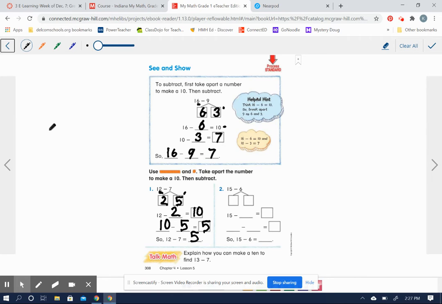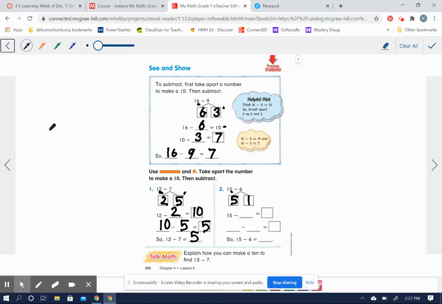Okay, let's look at this one. 15 minus 6. Okay, the 5 is in the 1's place here for this 10. So we're going to make this 5 in this box, because we've got a 5 in the 1's place here in this bigger number. So 5 plus what equals 6? Yeah, 1.